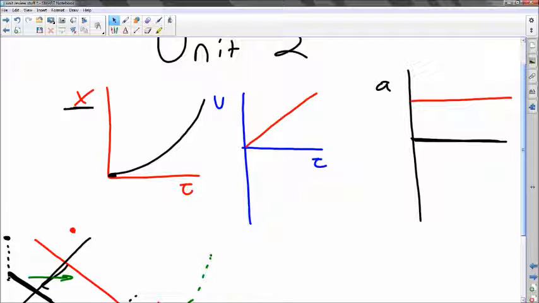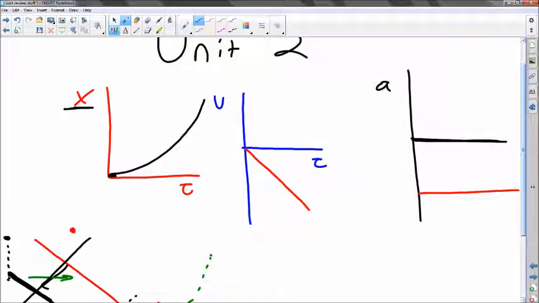What if we had, say, a negative slope here, though, because we have a negative acceleration? Well, in this case, the only difference is the object is still speeding up because it started at zero, but it's speeding up in the negative direction. That would mean the slope needs to increase in the negative direction.